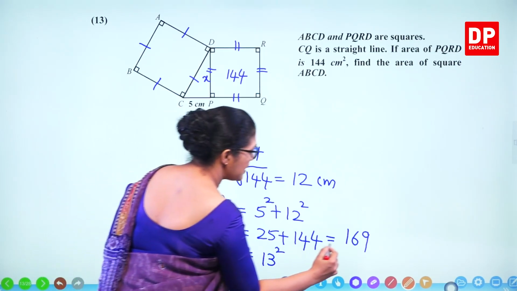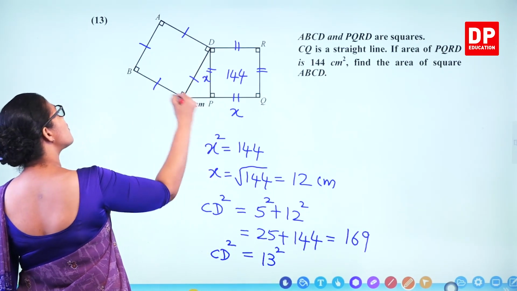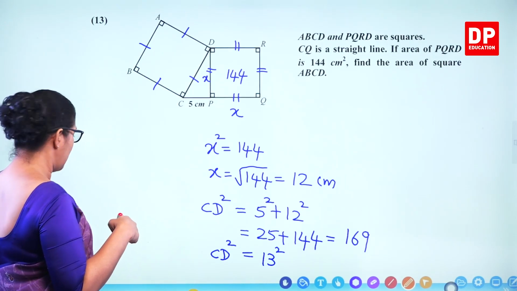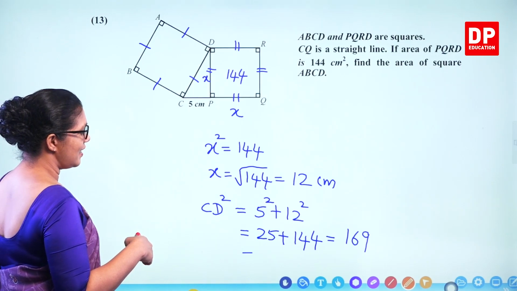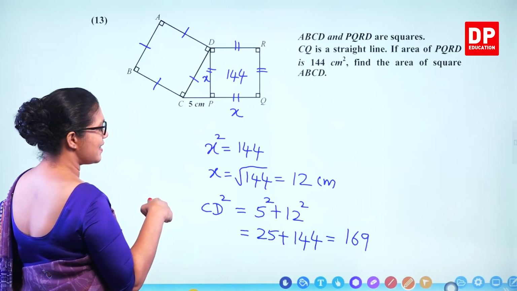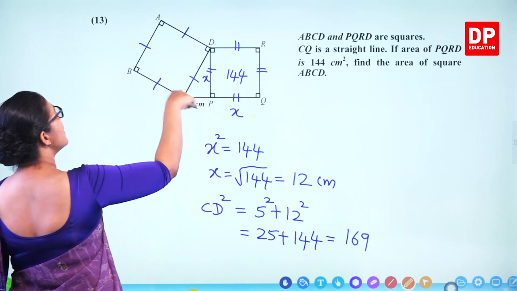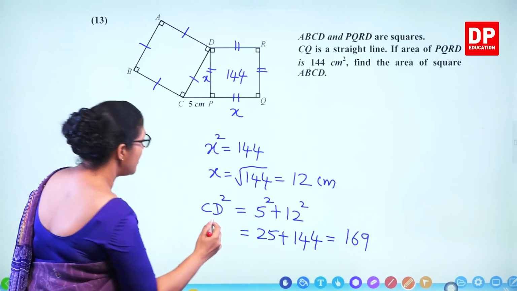So what is CD? Or CD squared. We need CD squared. You don't need to find this out straight away. 169 is there. So that's CD squared. CD times CD is the area of the ABCD square.